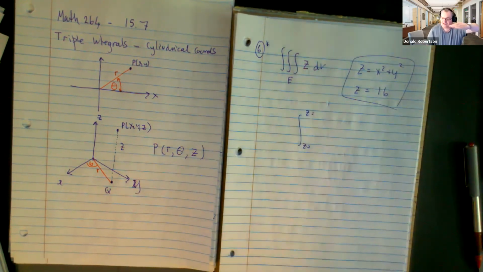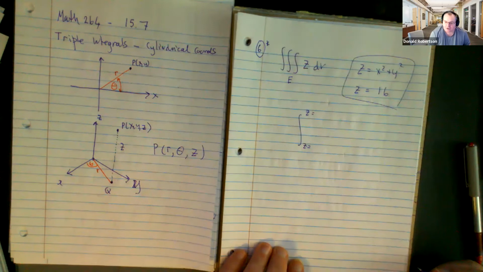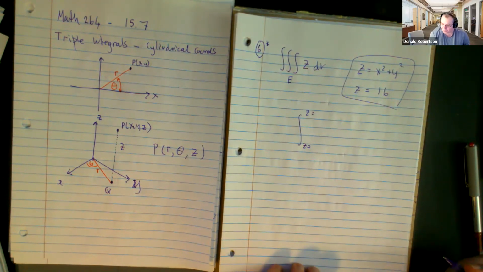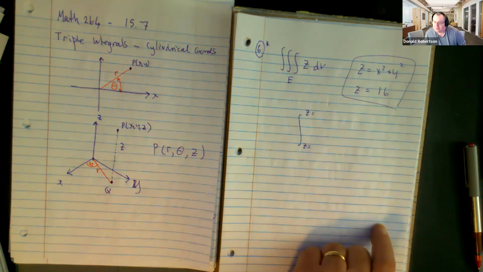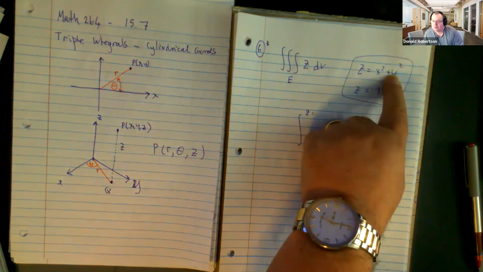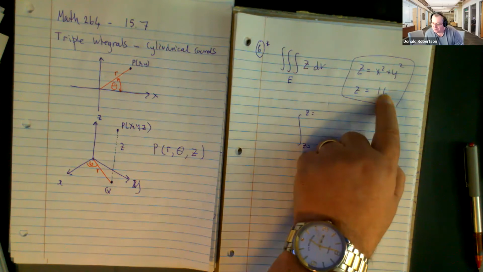I don't know which one of these is bigger. Is 16 up here and the curve's down there, or is the curve up here and 16's here? Is it above it? Is it below it? Whatever one I pick is going to be the wrong one. So I'm going to pick the origin, 0, 0. And at 0, 0, won't z be 0 and won't z be 16?